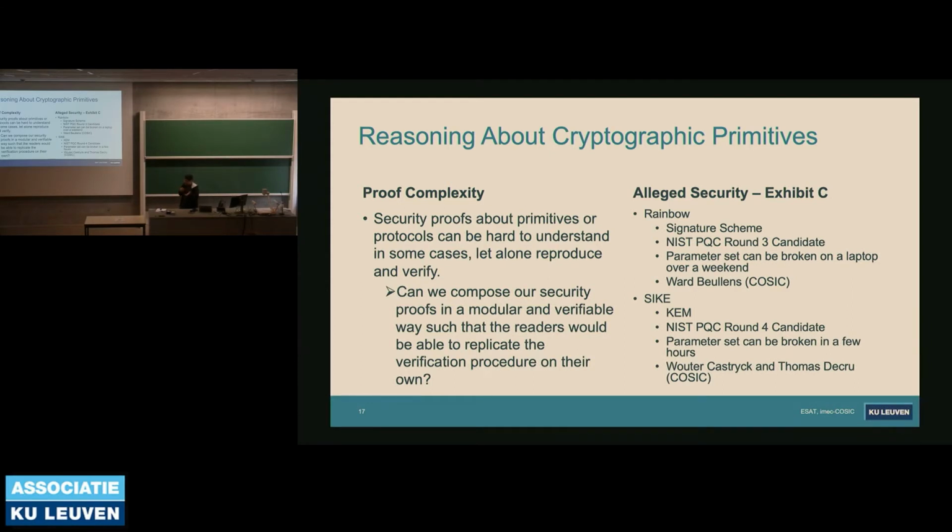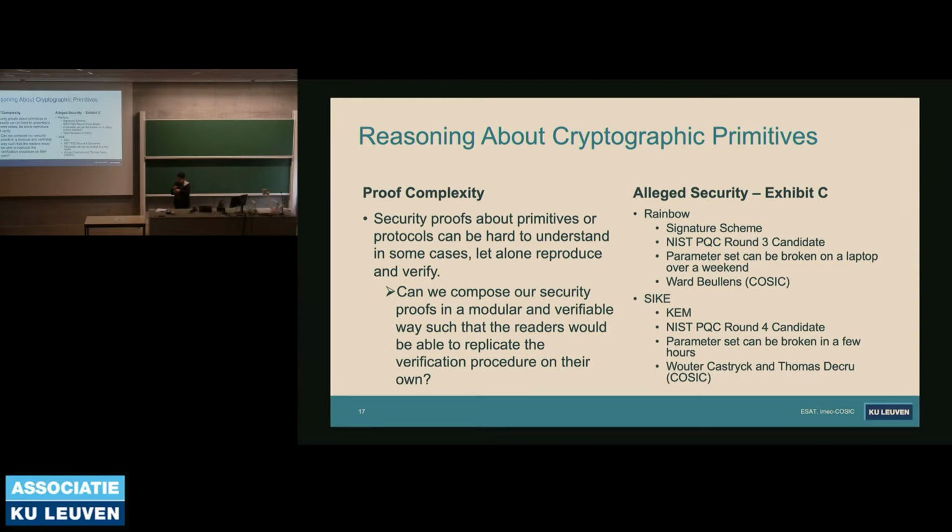So we can see that some schemes were broken by our colleagues here, like Rainbow and SIKE. I believe that these were broken because there were errors in the proof, or the way that they were portrayed actually was not easy to audit by a lot of people, because these schemes have actually been in the NIST competition under a lot of scrutiny for years, and no one was able to find the flaws.